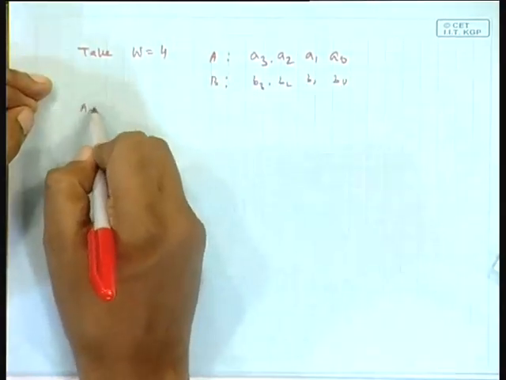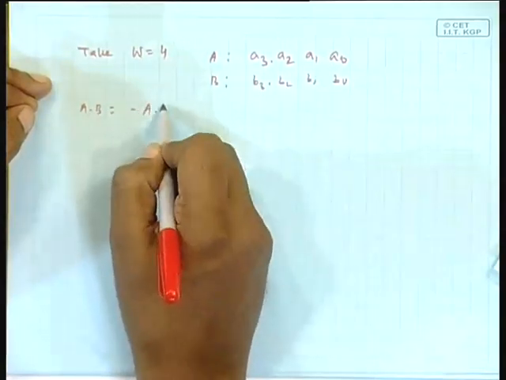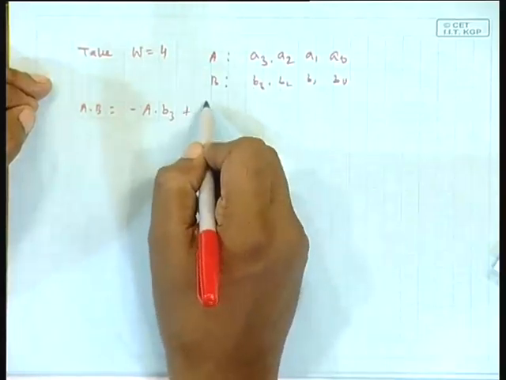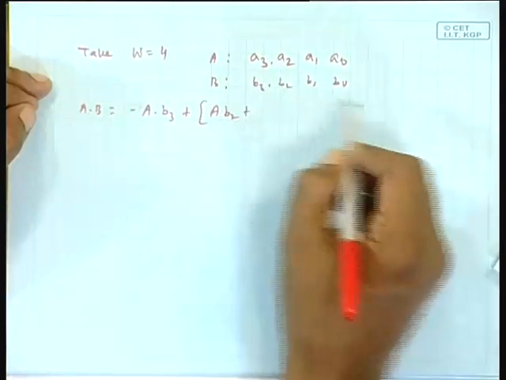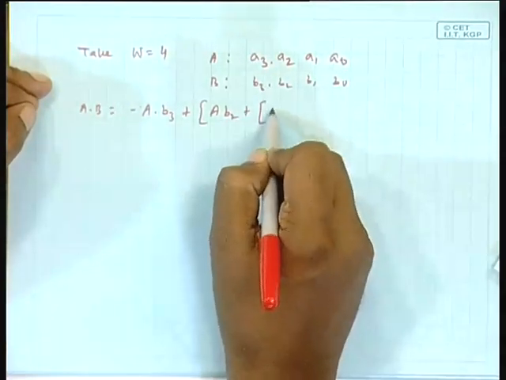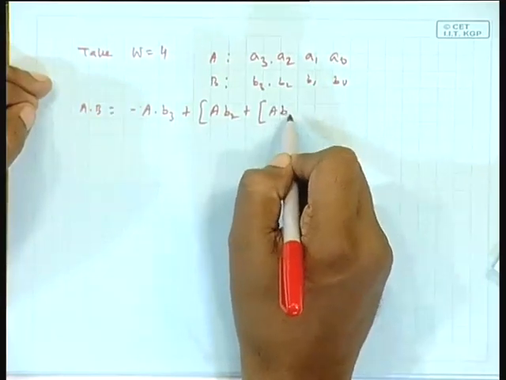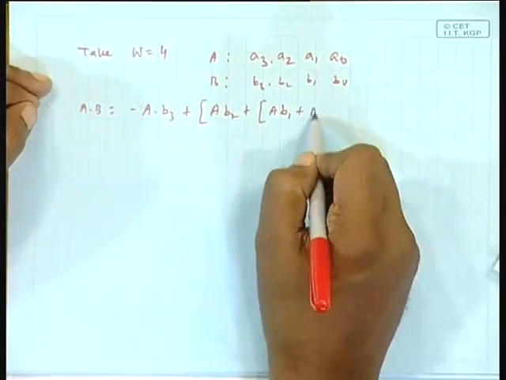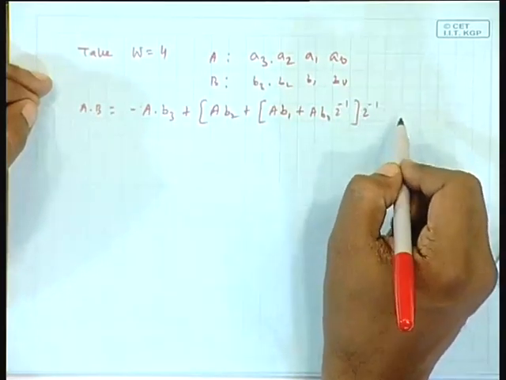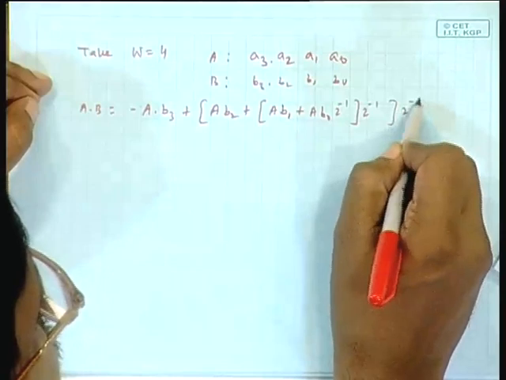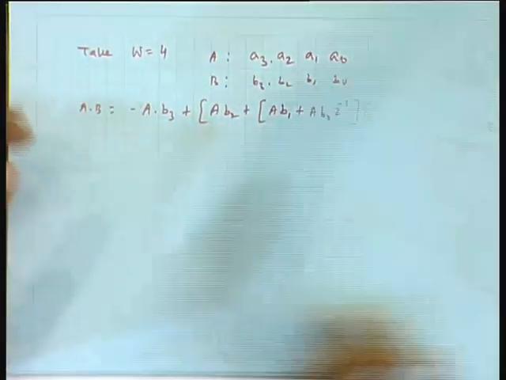And therefore, Horner's rule in this case turns out to be: minus A times B3 plus A times B2, and so on. Okay, this is Horner's rule.